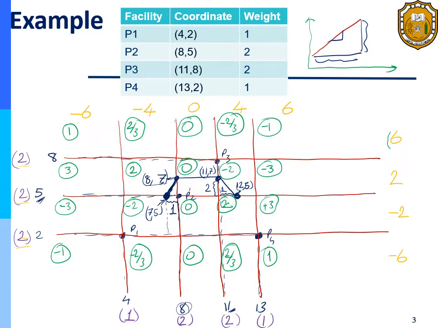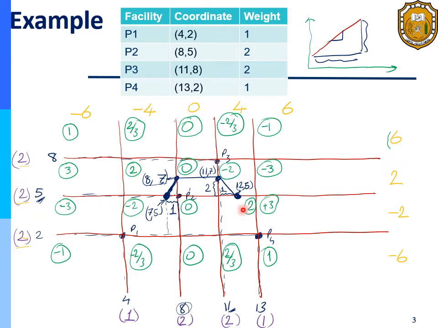Okay, so this is the next grid that I intersected, the border that I intersected with. Then the next slope, let me write this slope here, this side of this grid is +2.